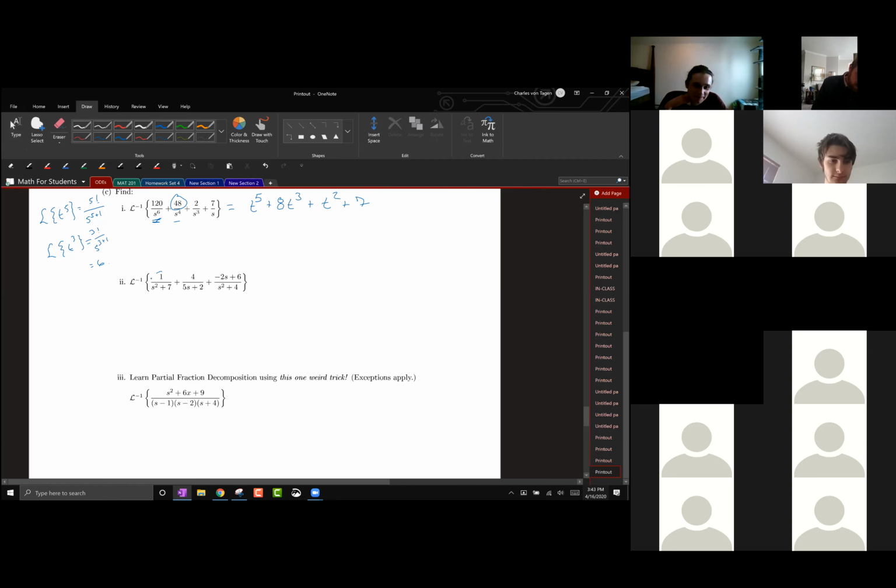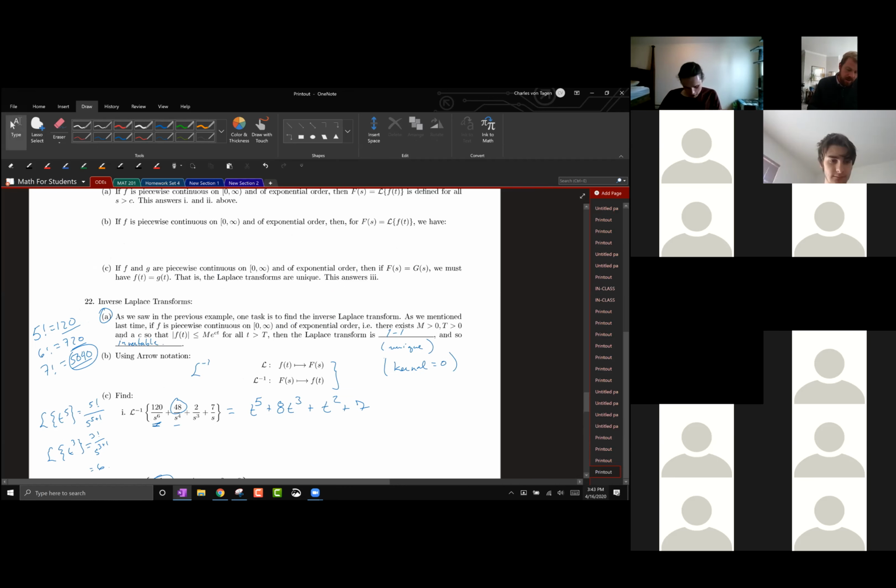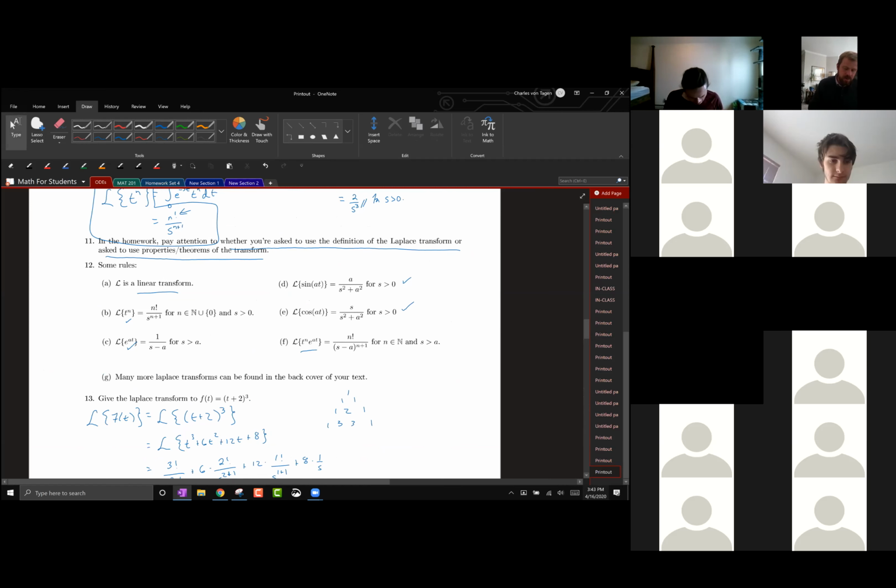So folks, what do we think this should be? Let's go back up and look at our Laplace transform rules, which we're just now learning. Here they are. Here's a bunch of them. Which one does it look like? E. Well, I mean, 7 isn't a squared thing, though. But look at what's in the numerator of E. An S, which is a variable, right?